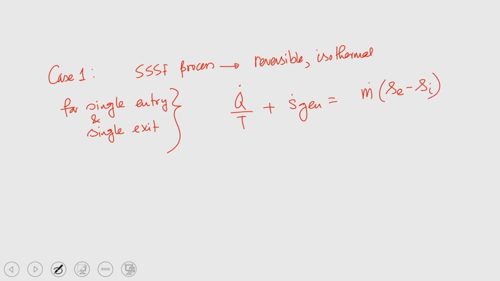If it is single entry and single exit, we know from the mass conservation equation that m dot E equals m dot I equals m dot.